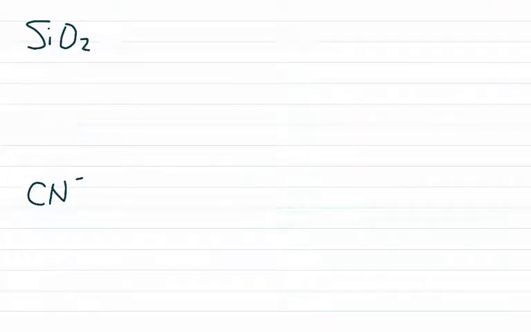Now the number of electrons you're distributing is not always going to be exact. For example, if we do the Lewis structure of silicon dioxide, again we have 1 silicon atom, and this time we have 2 oxygen atoms.